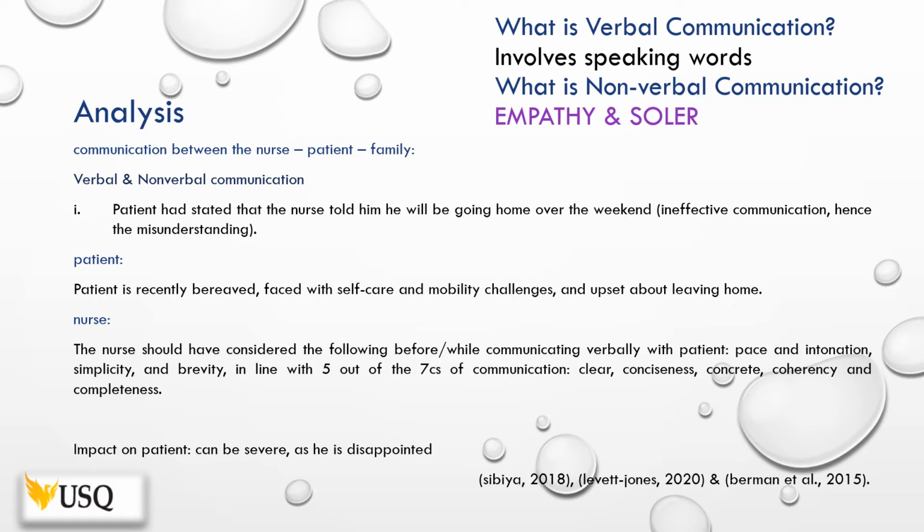This way, the patient knows exactly what is happening and is able to differentiate and tell, oh, this is exactly what I'm being told by the nurse, that she's praising me. Basically, he was confused.